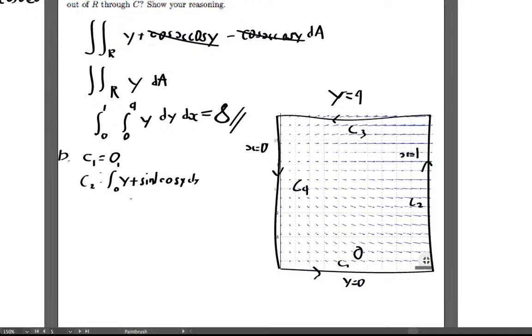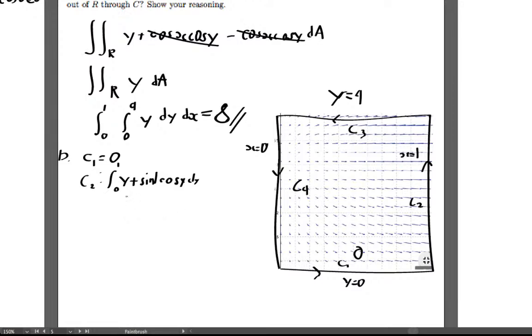When you compute this, it's 1 plus sine 1 cosine 1, subtract the entire thing by 0, and then subtract this by sine 1. No, that's not how you compute this entire thing, obviously.